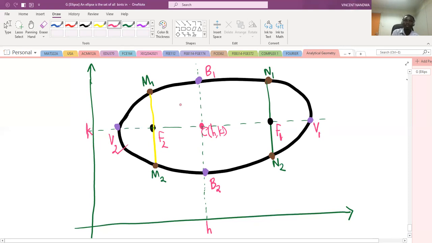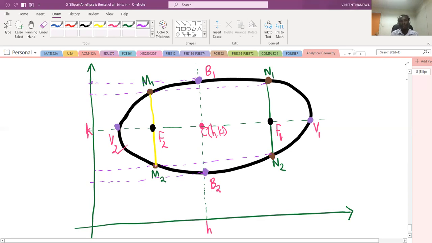And so we draw dotted lines through this point, and then draw another dotted line.